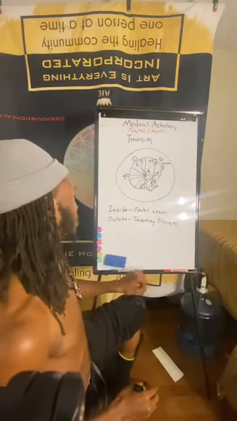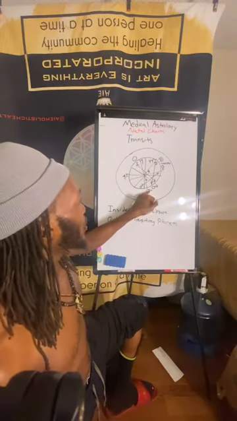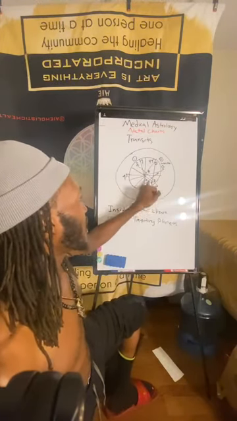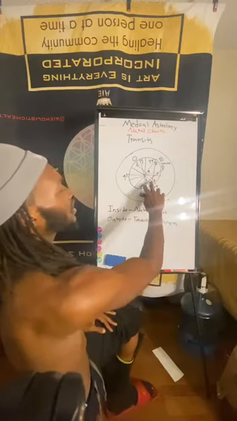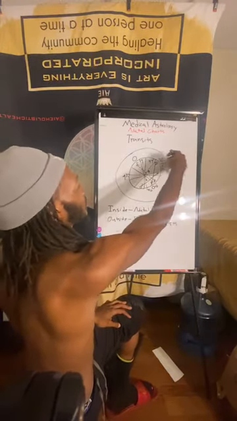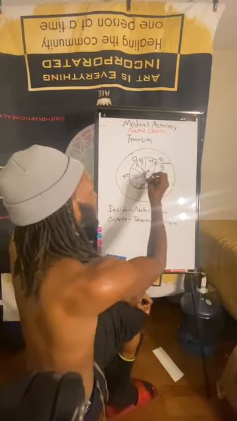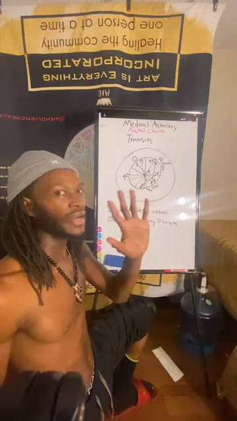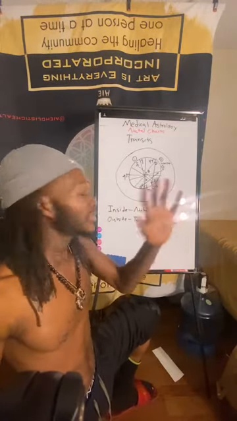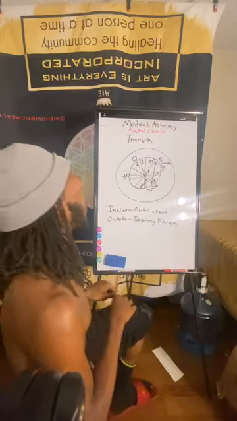Say Leo is this piece of the pie. This is Scorpio for that piece of the pie, but it's the 5th house and that's the 8th house. Remember, the 5th house is the house of creativity, children, and things of that nature.